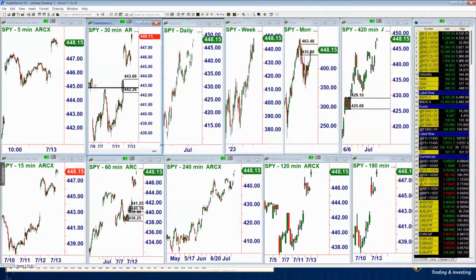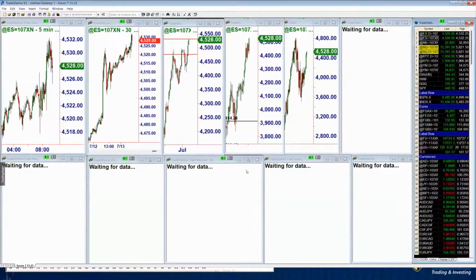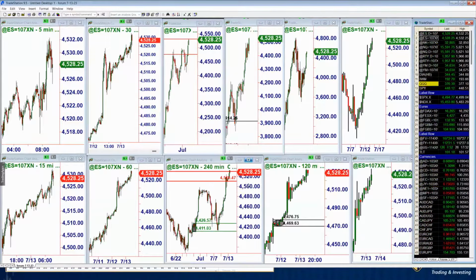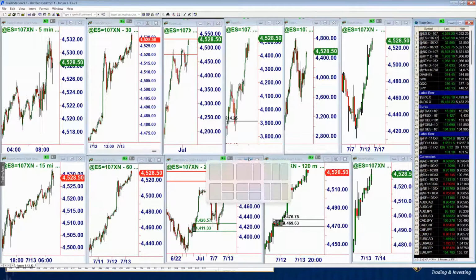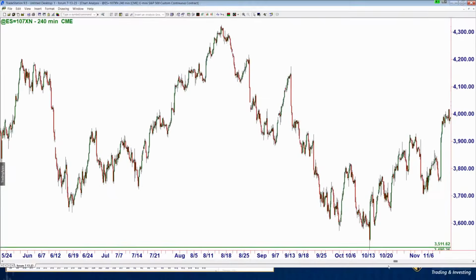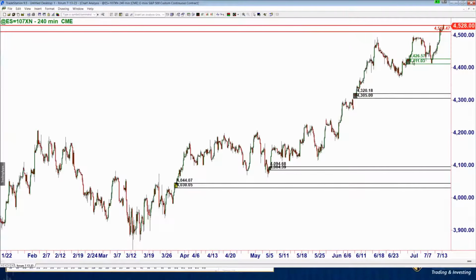Where is it? Maybe it's better in the S&P. You'll see it in a second. There it is, right here. So this is a tested zone. We've been back here before, right? We've been back there twice. Anyway, my point is, here's the S&P futures. The SPY and S&P futures are the same S&P.